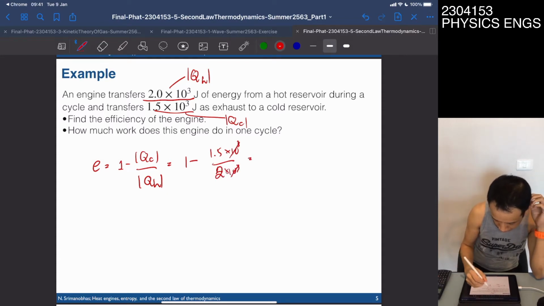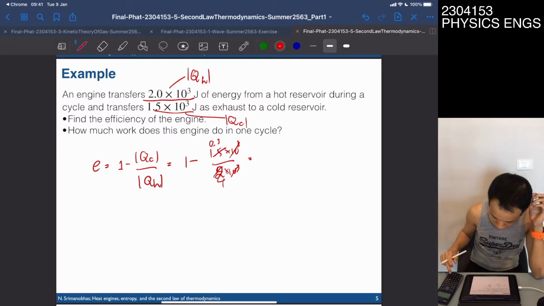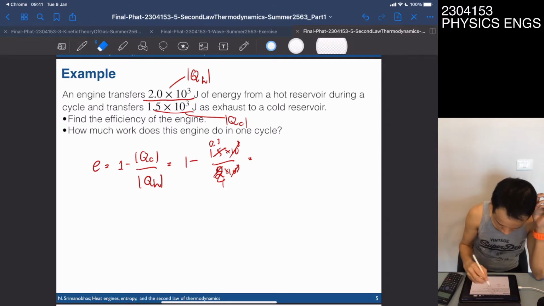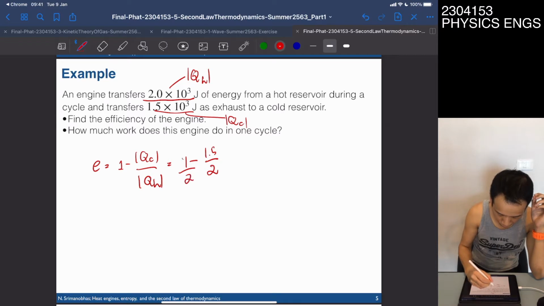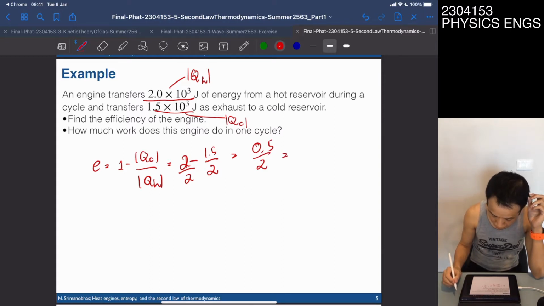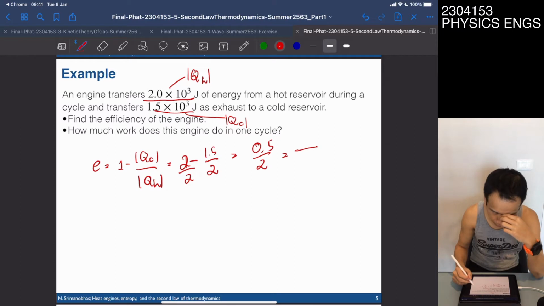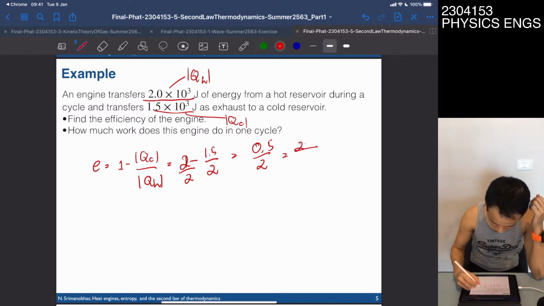This cancels, so you have 1.5 divided by 2, which is 0.75. So 1 minus 0.75 is 0.25, and times 100, you get about 25%, right?